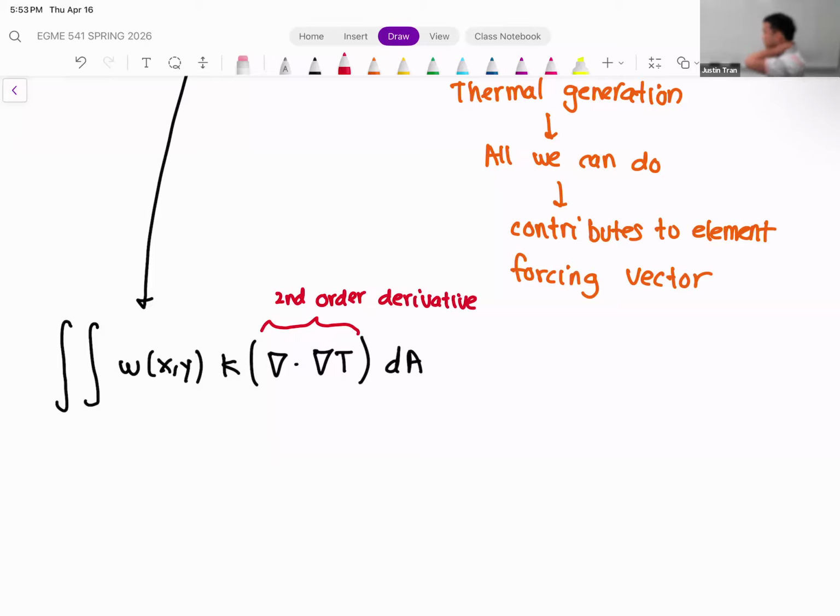So we want to address that. We want to lower that order of derivative because our weighting function has no derivative. And so we're going to apply integration by parts in 2D. We're going to use Green's formula for this.